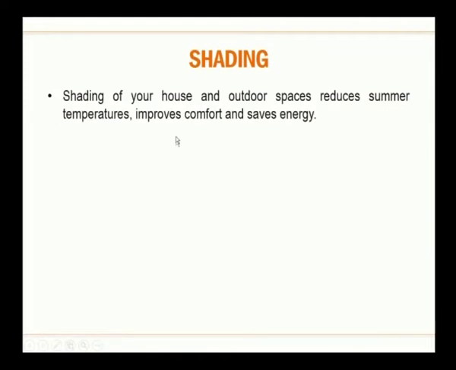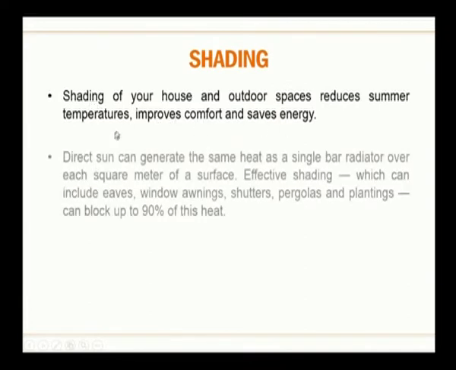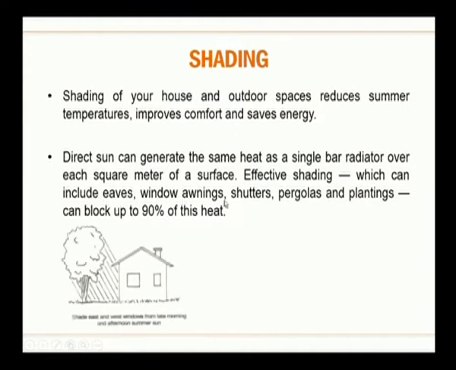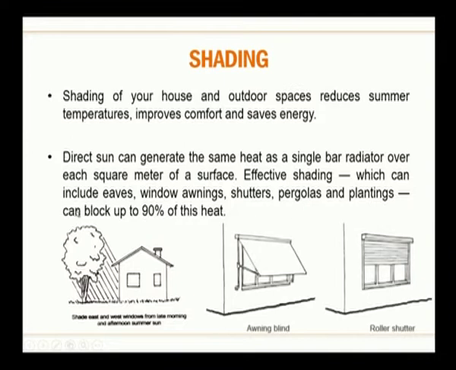Shading. Shading of your house and outdoor space reduces summer temperature, improves comfort and saves energy. Direct sun can generate the same heat as a single bar radiator over each square meter of a surface. Effective shading, which can include eaves, windows, awnings, shutters, pergolas and planting, can block up to 90% of the heat.